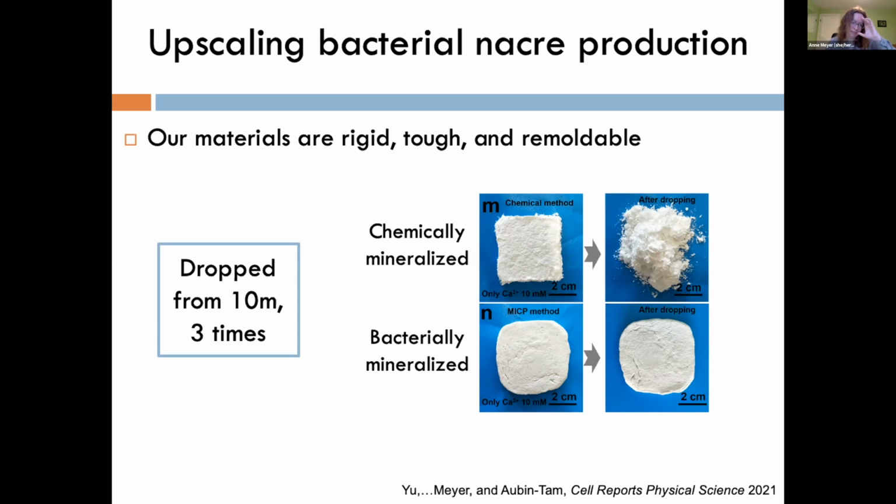Kui took them to the balcony in the building and dropped them off the balcony 3 times. When you drop it from 10 meters high, the bacterial material at the bottom doesn't noticeably change shape. It's not affected by those forces at all. But the chemically mineralized one just gets pulverized to a pile of dust.